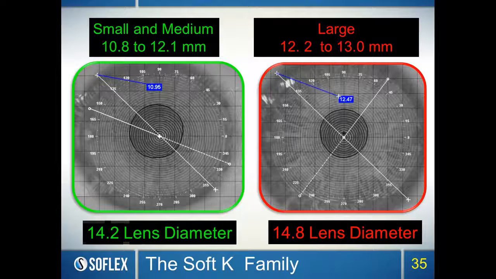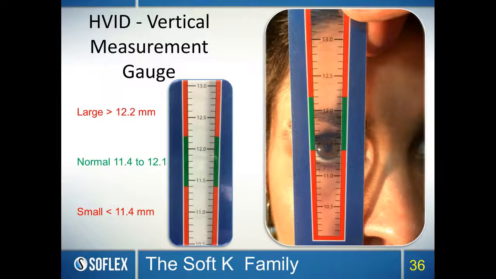For small and medium we should choose the 14.2 lens diameter, and for the large corneal diameter we should choose the 14.8 millimeter diameter. We have the HVID vertical measurement gauge that allows us to easily measure the corneal diameter, as shown in the picture.